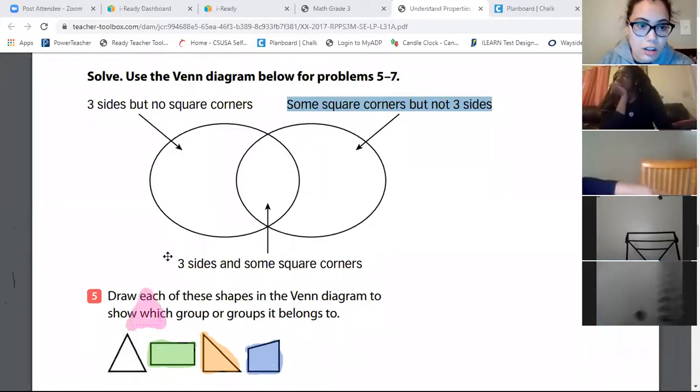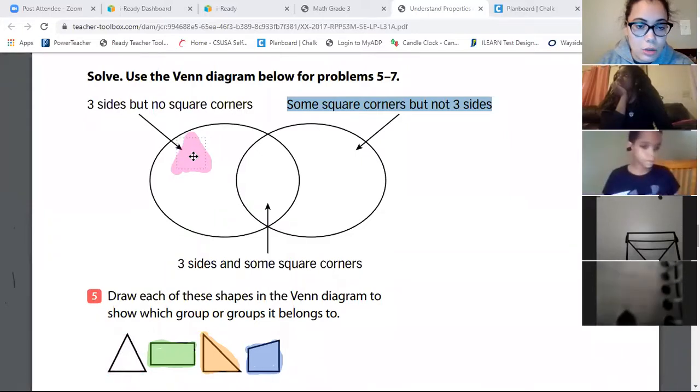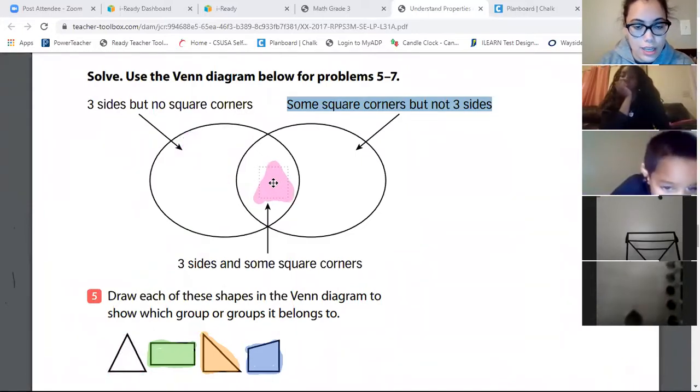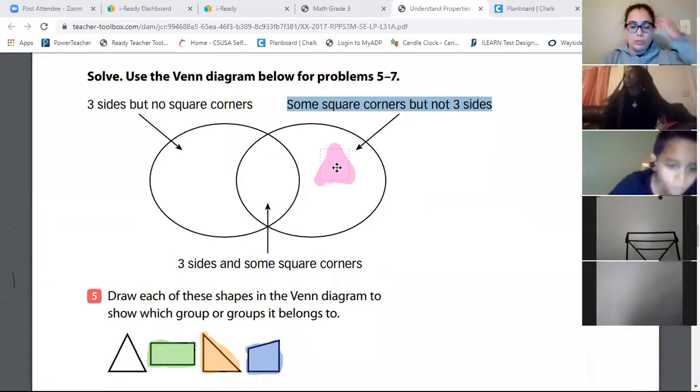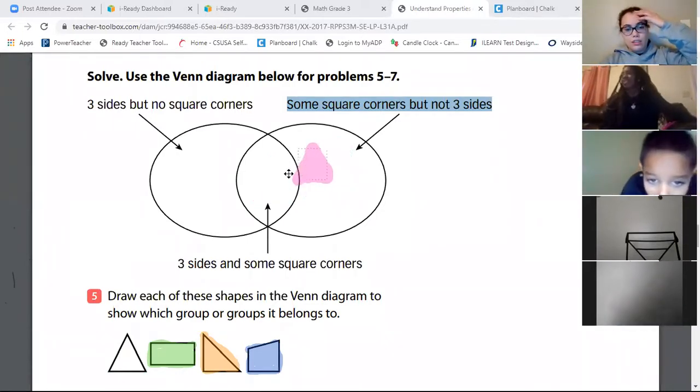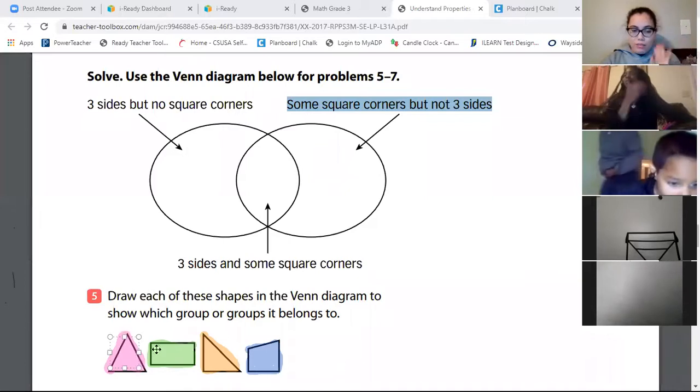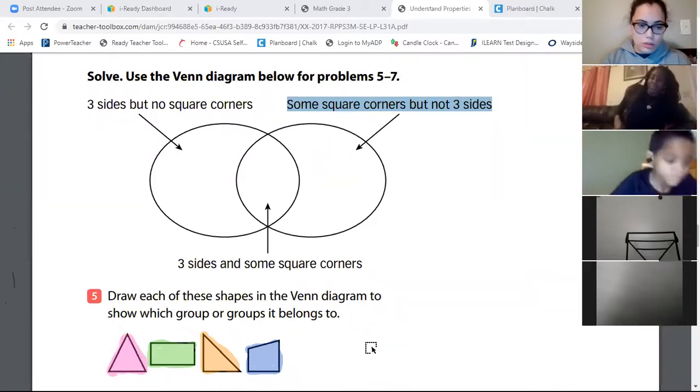Like this triangle, would this go here with 3 sides but no square corners? Would it go in 3 sides and some square corners? Or would it go in some square corners, but it doesn't have 3 sides? And then you just gotta draw it. That's all you gotta do. I'm not looking for the perfect shapes. I'm just looking to see if it looks like what it's supposed to.